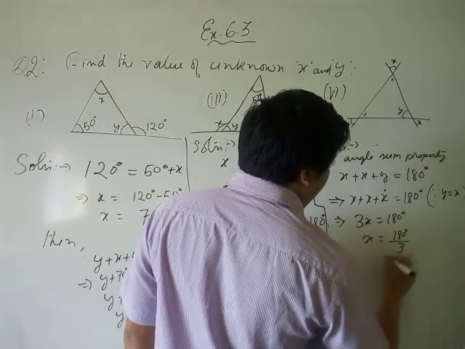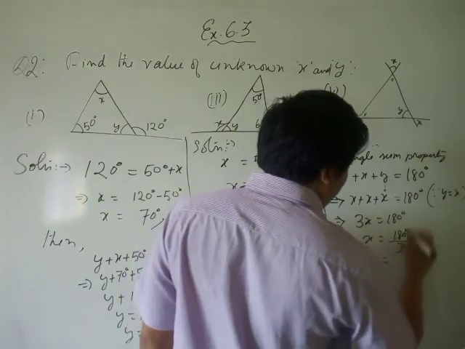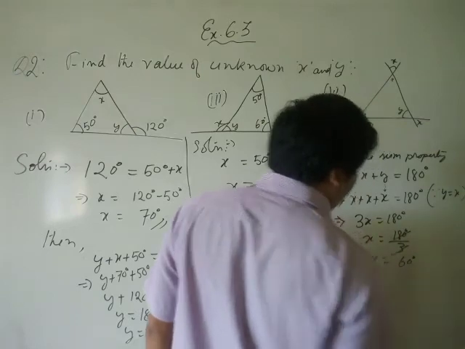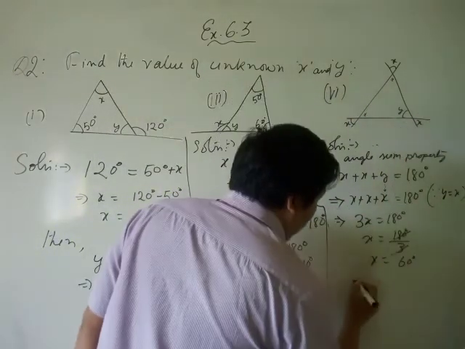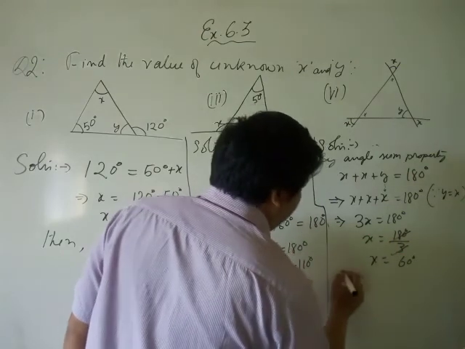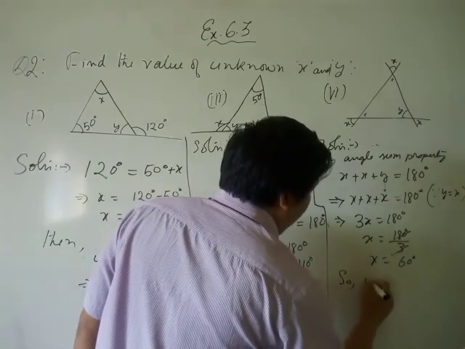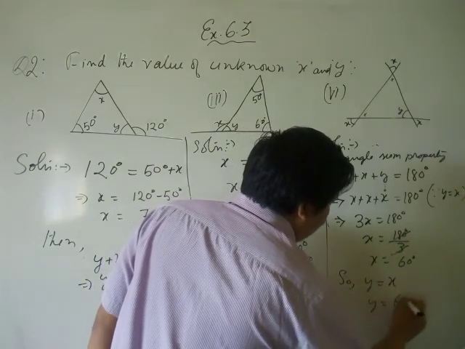Divide by 3, that means x is equal to how much? X is equal to, yes, 60 degree. And from here we know that y is equal to x, that means y is equal to 60 degree.